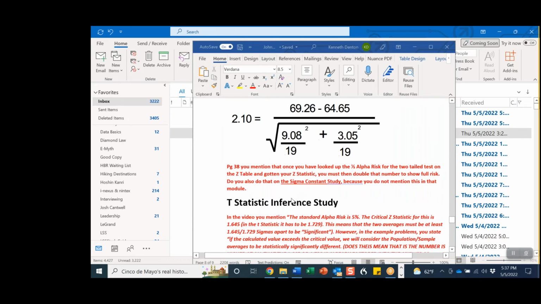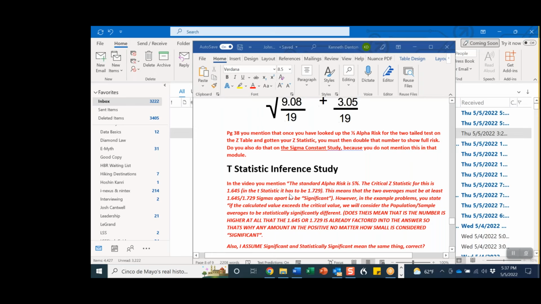Yeah, the difference is that Z table is a one-tailed test. And if you did a two-tailed test, let me show you. You've got to double the number. I understand that. I just wanted to make sure, because you did mention it in the sigma changing one.